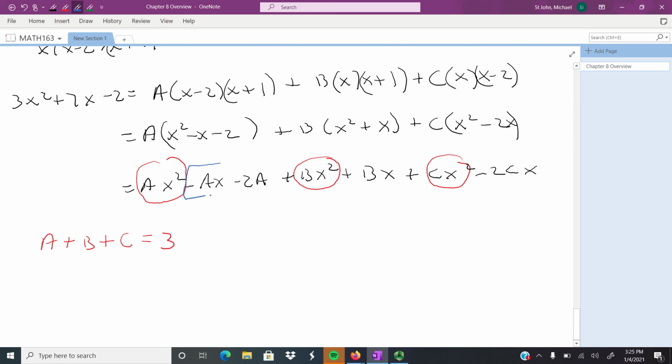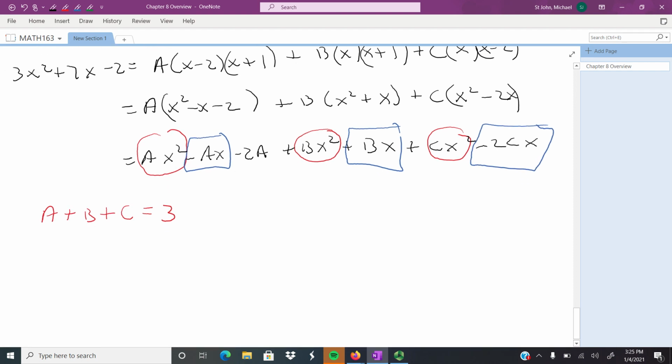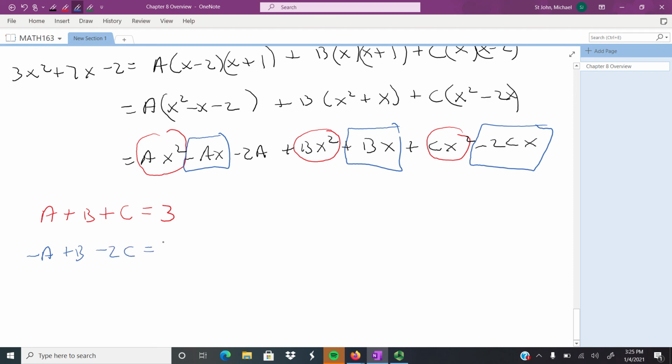We have a minus a plus b minus 2c has to equal 7.